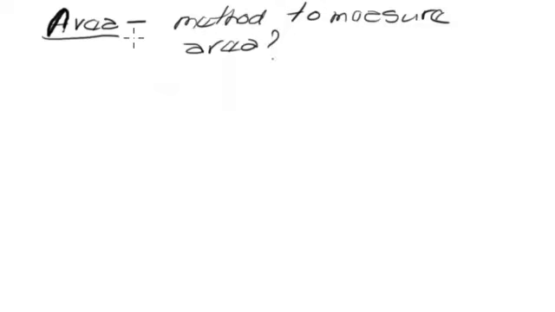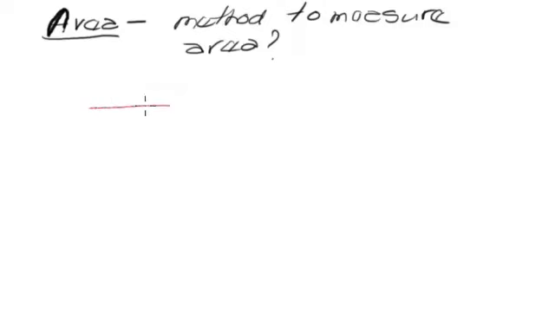So, as I always start off this discussion, what is it that area is? What is it that you think it is? Often people will say the top of a table or the top of a desk, but it's really a pretty interesting concept that mathematicians have come up with here.